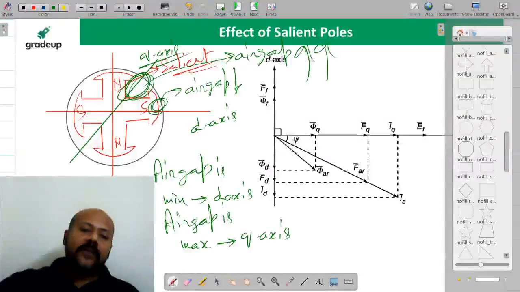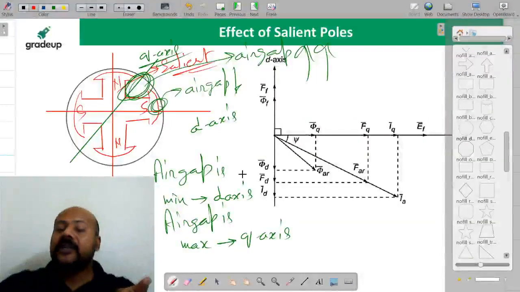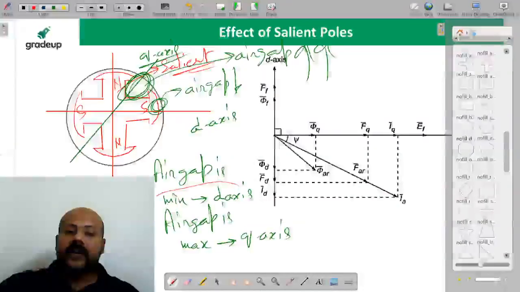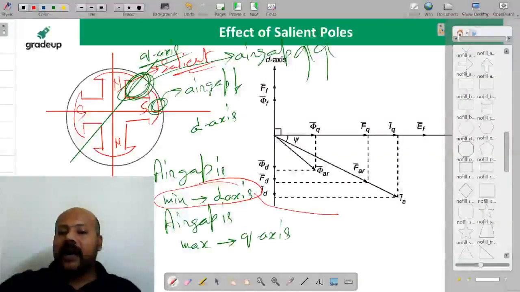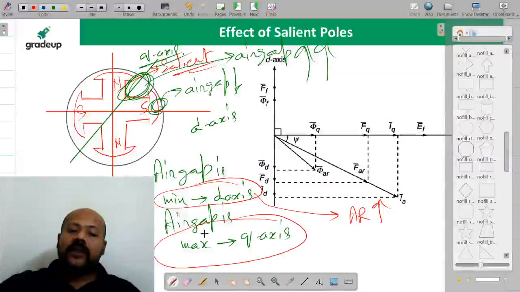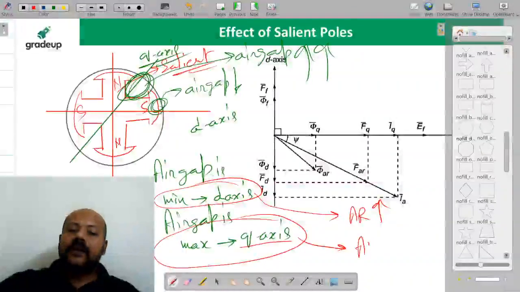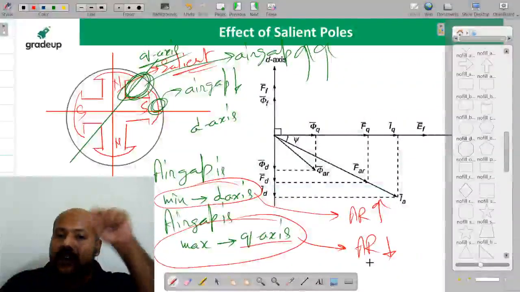Now the effect of armature reaction is going to be different along the D axis and Q axis. For the D axis, because the air gap is minimum, the armature reaction effect is going to be more. And for the air gap maximum condition along the Q axis, the armature reaction is going to be minimum.